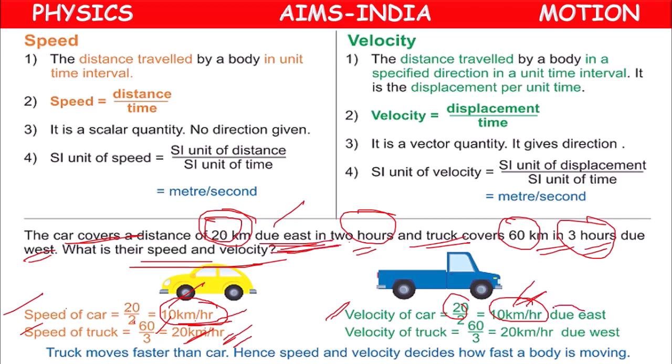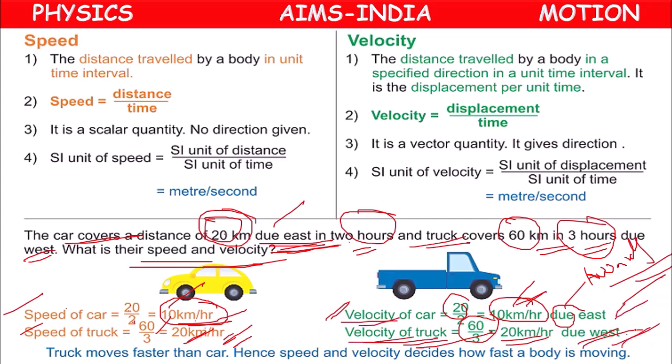Here the word due means towards that side, towards east, 10 km per hour due east. So velocity of truck is 20 km per hour due west. While mentioning velocity, we have to mention the direction. While mentioning speed, no need to mention the direction, only the value.